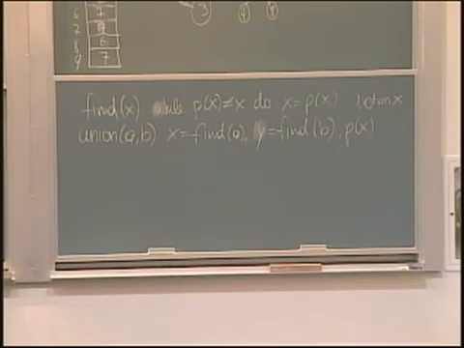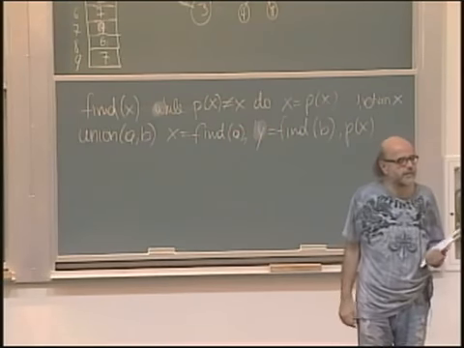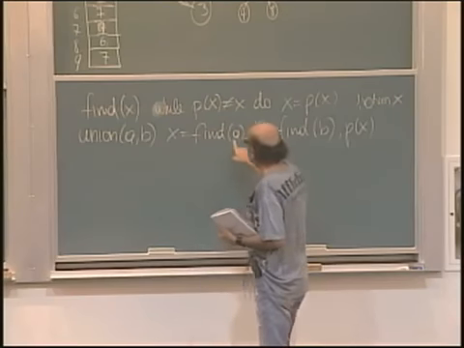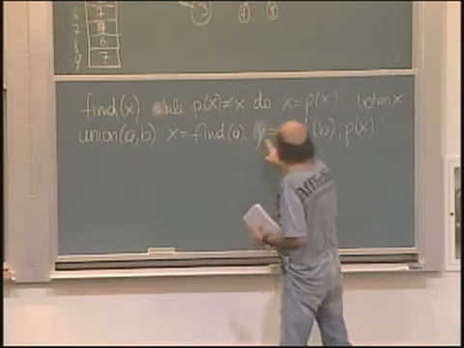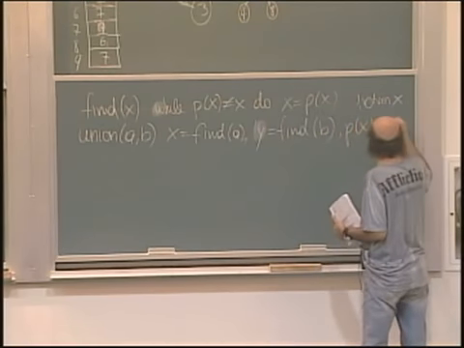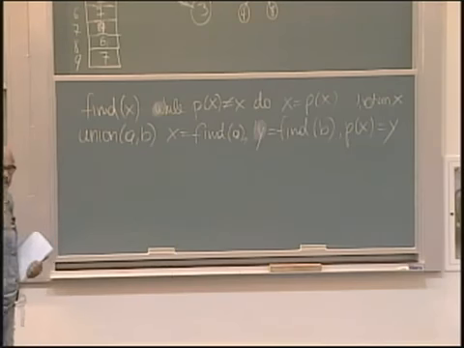I have found the names of the components, the roots of the trees, to which the two nodes A and B belong. I find the root of the tree of A, I find the root of the tree of B, and now I make the former root of one point to the former root of the other, okay? Everybody agrees?